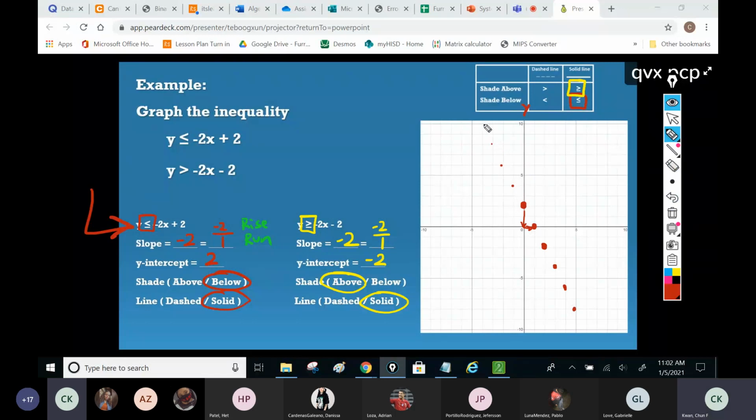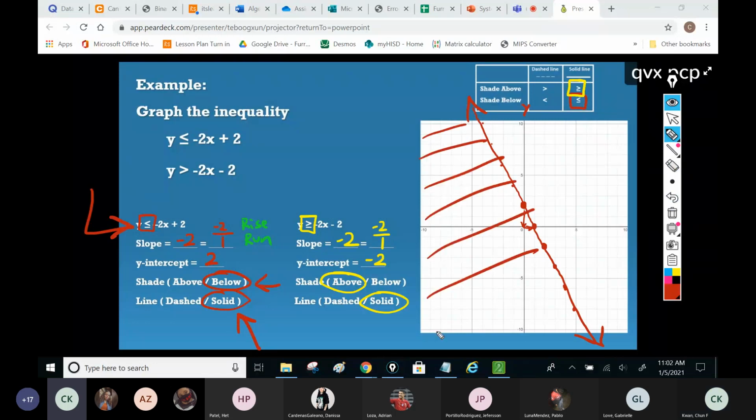We need the line to be solid, so I'm going to connect all of these dots right here with a solid line. And we need to shade below the line, so I'm going to shade right here, like this.